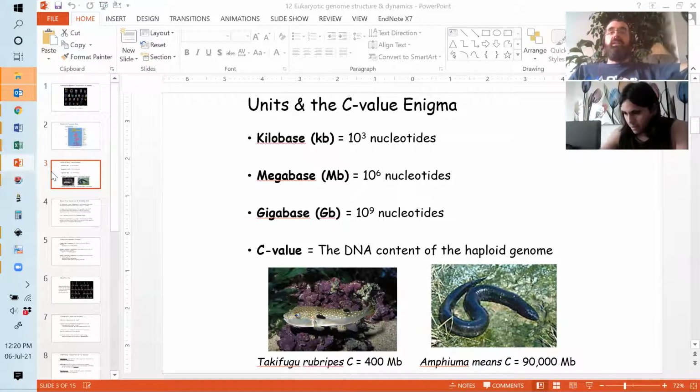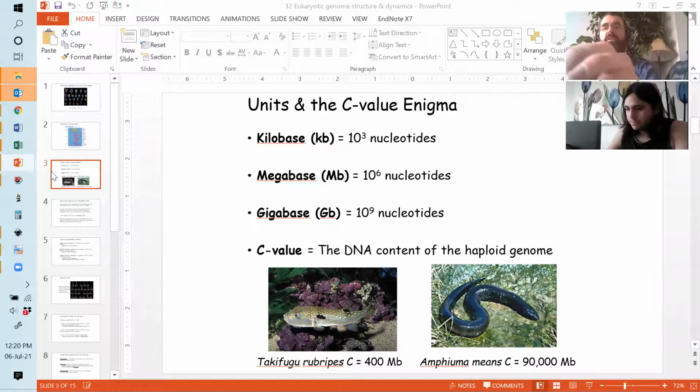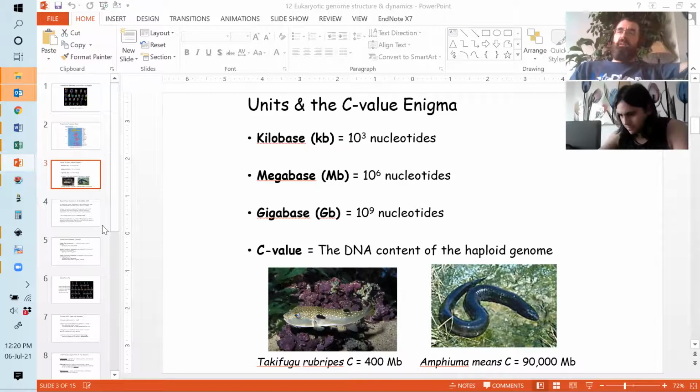So the only correlation that I've ever been able to figure out, bless you, is organismal complexity, for want of a better word, and chromosome number. So typically higher mammals have more chromosomes than lower animals.